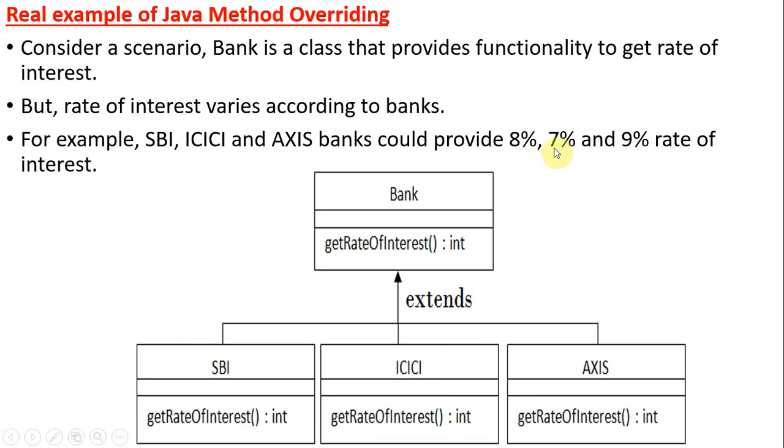For example, housing loan, gold loan, education loan, personal loan. Different types of loans are there, as well as different rates of interest. For example, SBI has 8% interest, ICICI has 7%, and Axis has 9% interest.